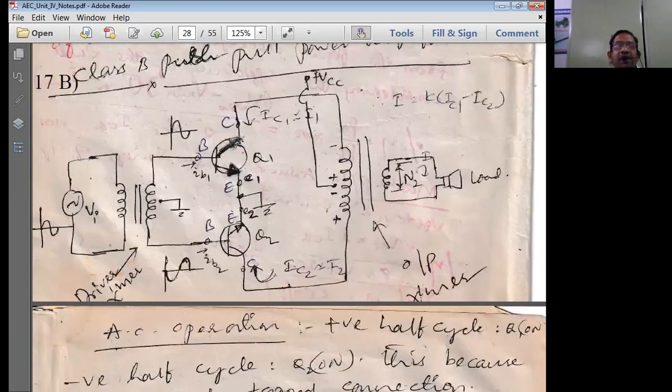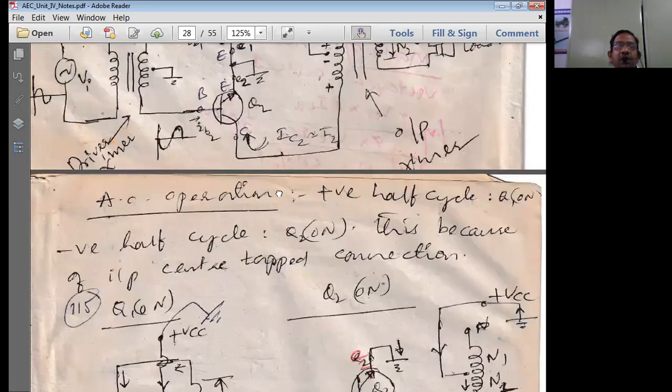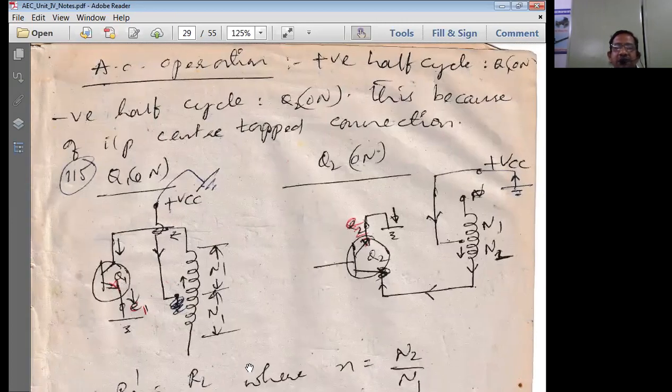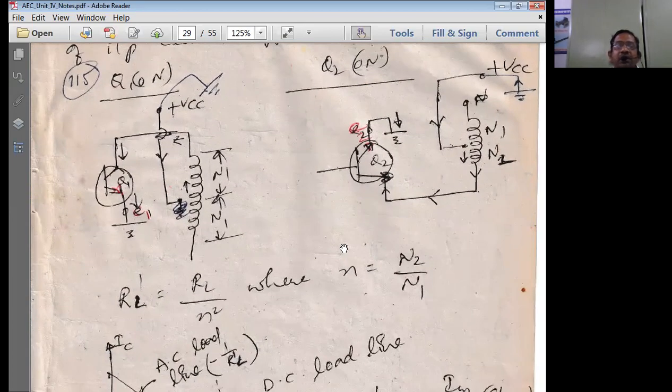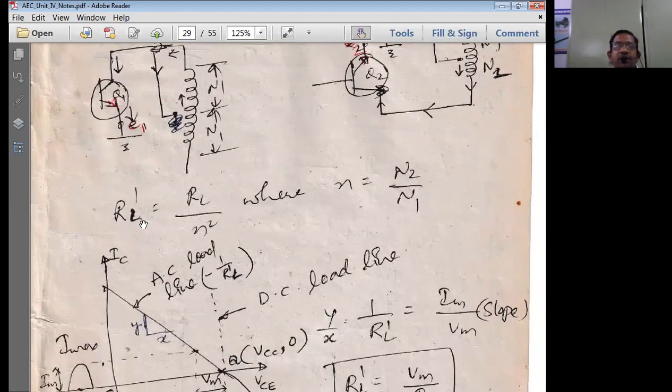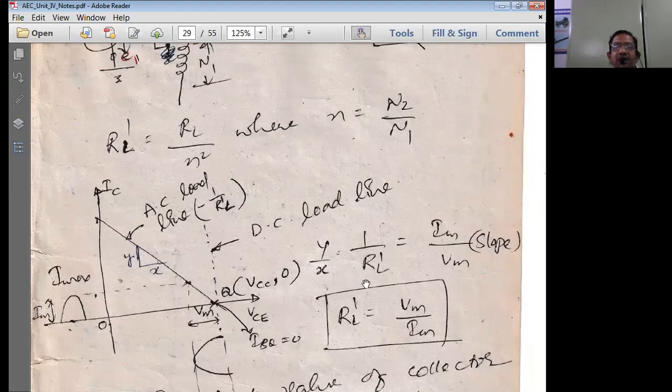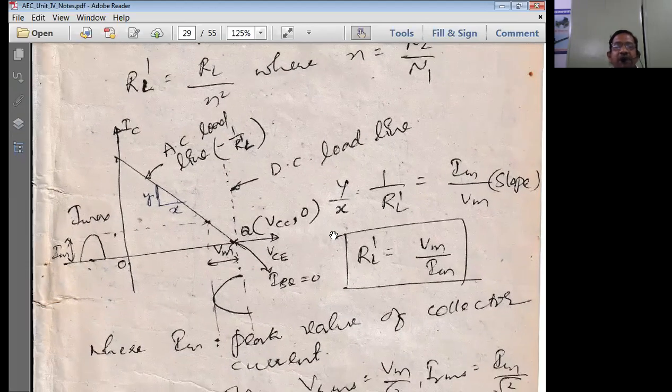You should explain when Q1 is on, how the signal is transmitted through the circuit, and when Q2 is on, how the signal is transmitted. Then you should provide the turns ratio, RL dash is equal to RL by N square, N is equal to N2 by N1, all that kind of equations you have to write in the analysis part.